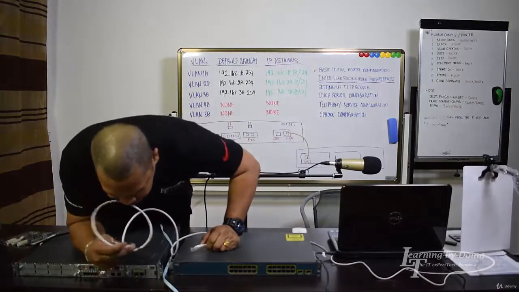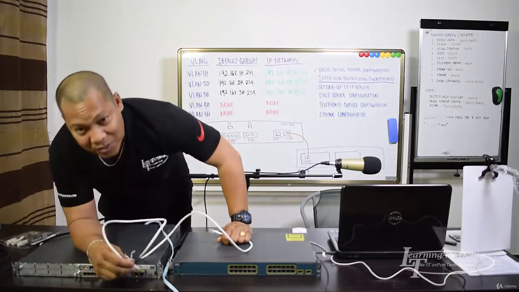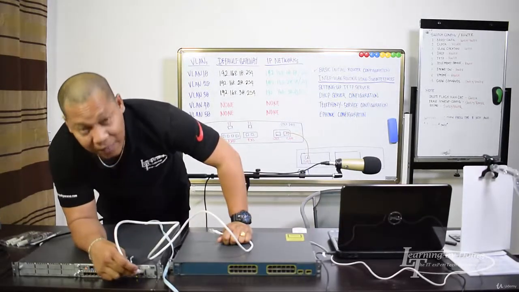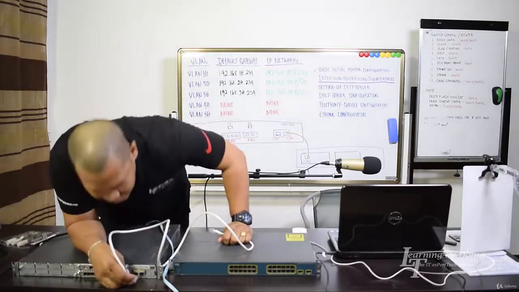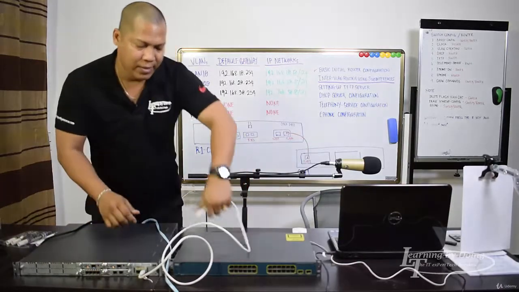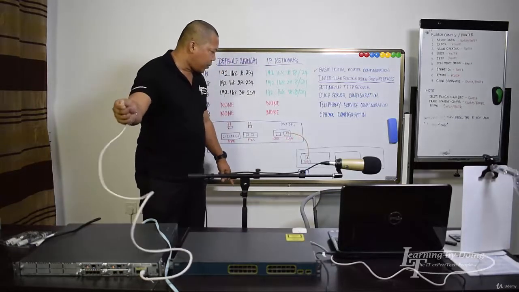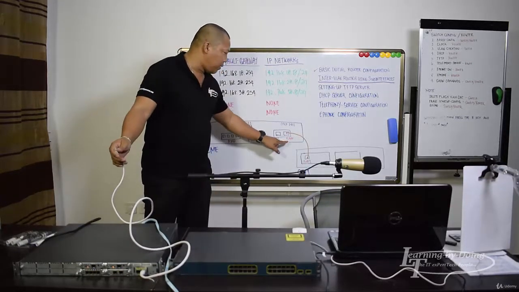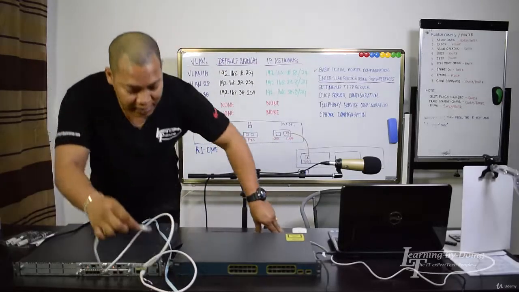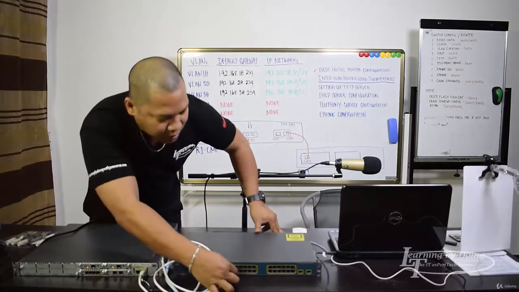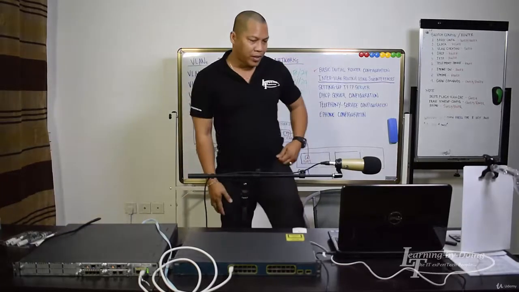You must be sure that this is FA0/0, because we configured FA0/0, not FA0/1. Now we have inserted the RJ45 into this Cisco 2811 router at FA0/0. Then we're going to insert the other end into FA0/1 on our switch. Okay, now let's go back to our configuration.